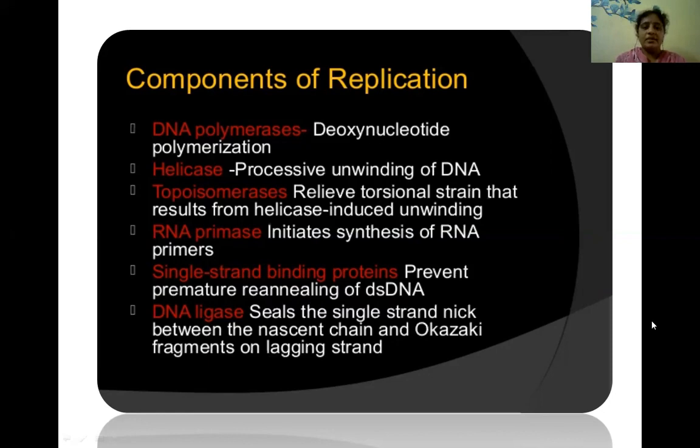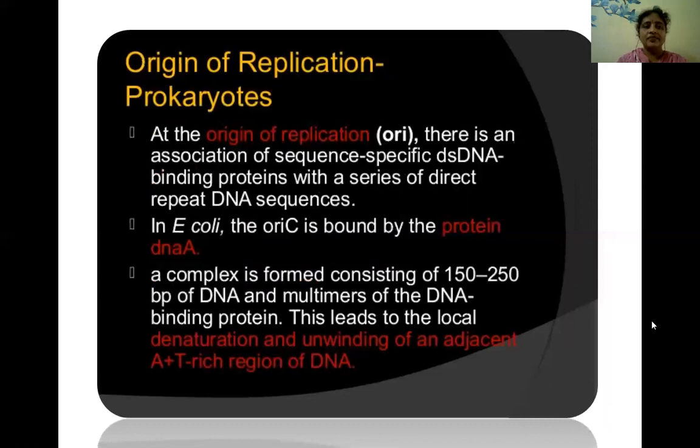Next, RNA primase, which is the most important enzyme, initiates the synthesis of the RNA primers. Next, single stranded binding proteins prevent premature re-annealing of double stranded DNA. Next, DNA ligases act as a glue which seals the single strand nick between the nascent chain and Okazaki fragments on the lagging strand.